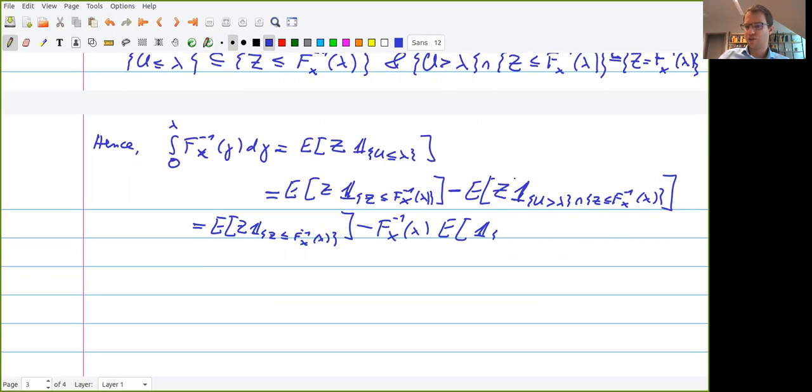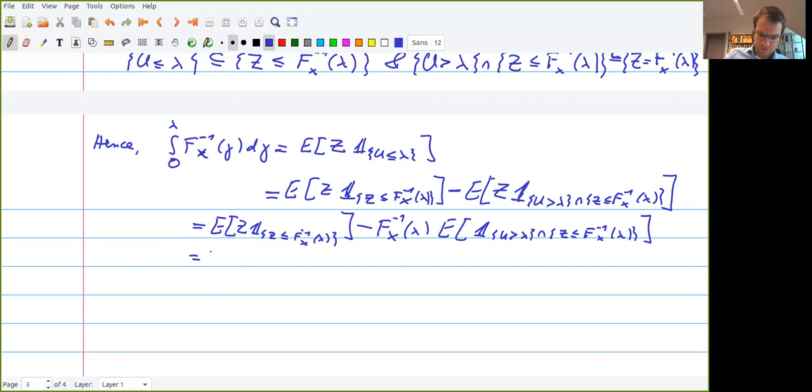Because on this indicator function, we know how to calculate. We know that z is equal to this value. Right. So this is just the indicator function.